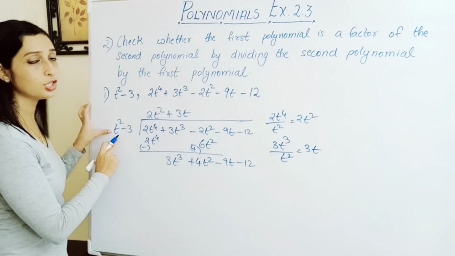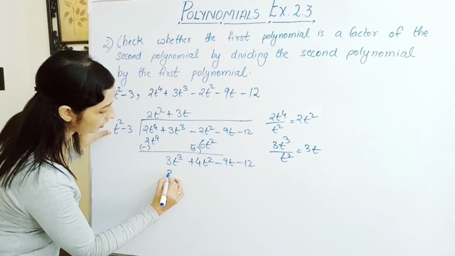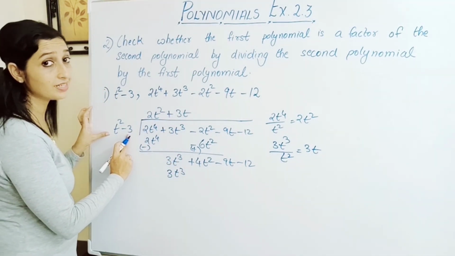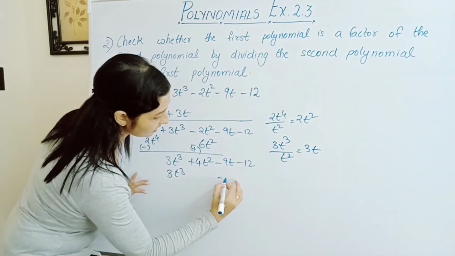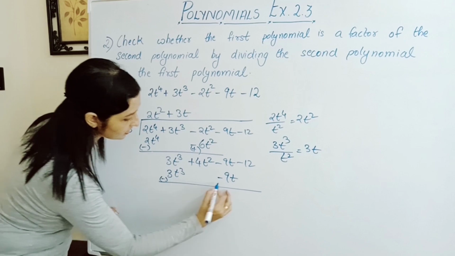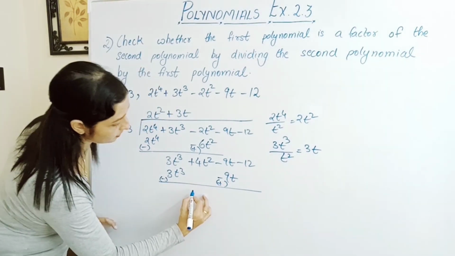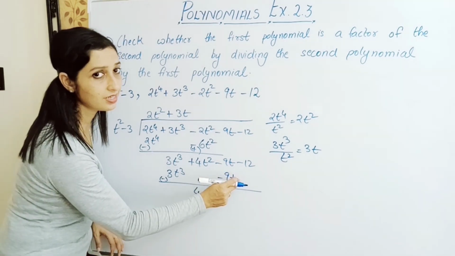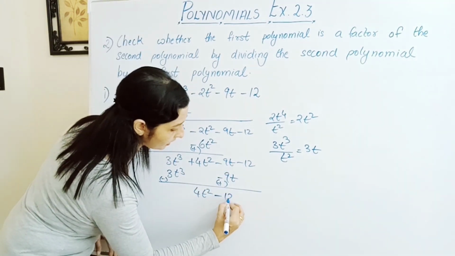So now 3t into t square is 3t cube. 3t into minus 3 is minus 9t. Now reversing the signs, minus plus. So this becomes 4t square, minus 9t plus 9t gets cancelled, remaining minus 12.